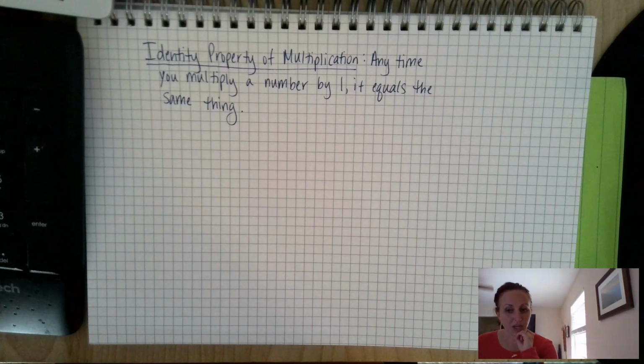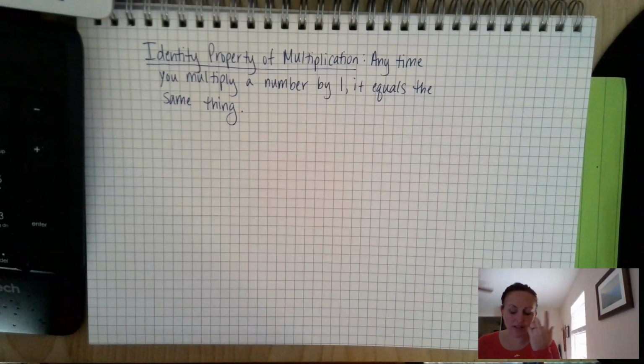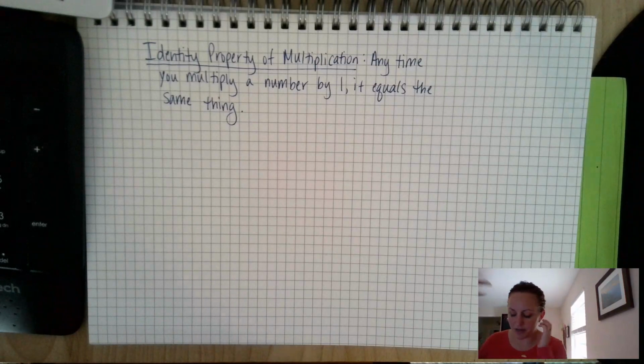I could take any number I want, and if I multiply it by 1, then it's going to stay the same. Equivalent fractions are all about representing the same amount in different ways. So now let's think about this. Let me go back to 1/3.